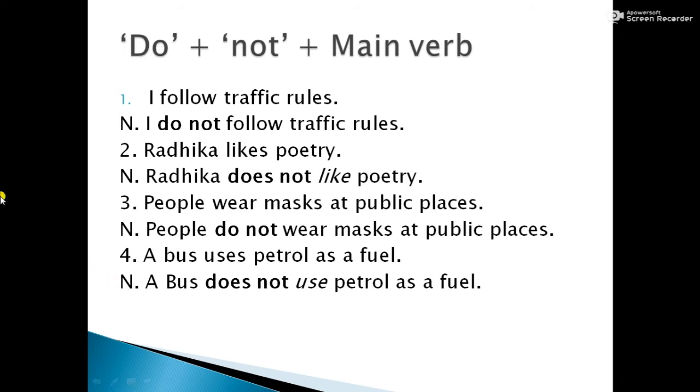So please understand and remember this formula: the appropriate form of do according to the tense of the main verb, then not, and then the main verb, or we can say the first form of the main verb. The main verb must have its first or basic form, the base form of the main verb.